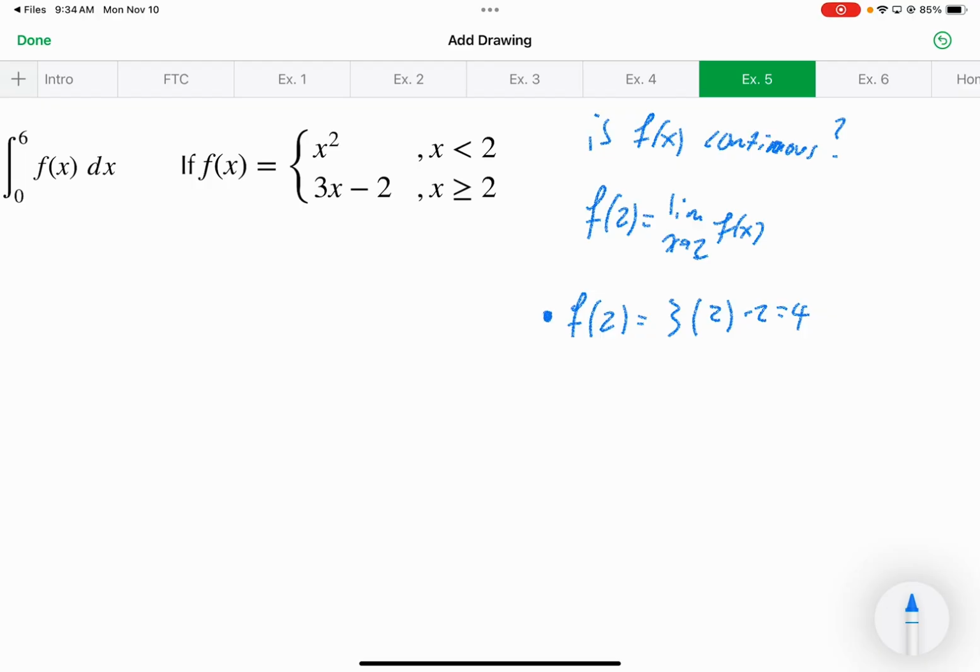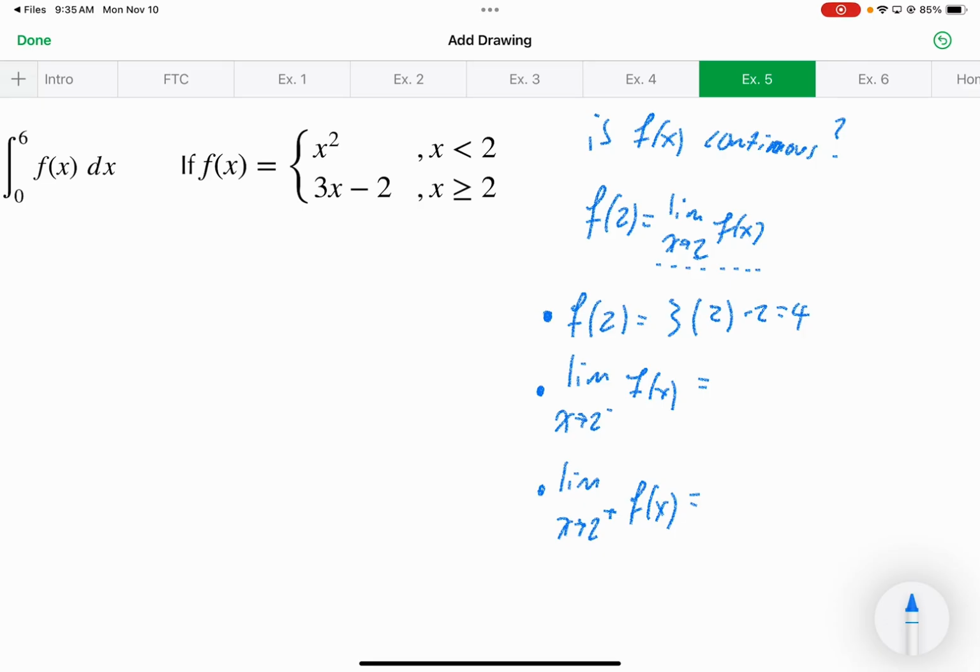The other thing I need to find, in order to figure out what the limit as x goes to 2 of f of x is, that really means I should find the limit from the left and from the right. Good. So limit as x goes to 2 from the left of f of x, and then I want to find if the limit as x goes to 2 from the right of f of x, if those limits exist, and then I'm hoping that they equal 4.